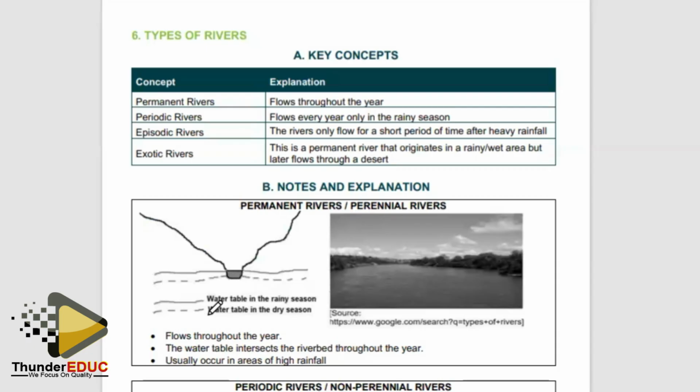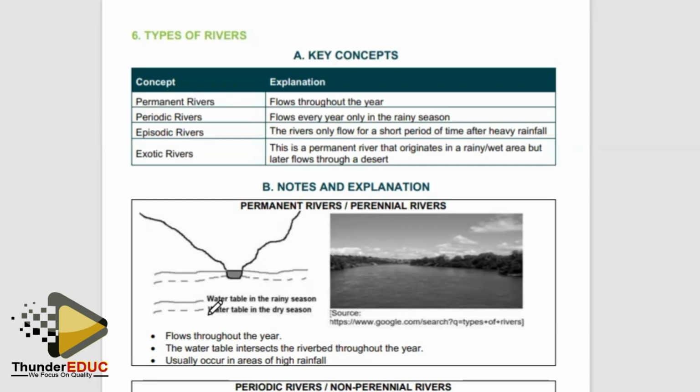You can give typical South African examples, like the Vaal, the Orange River, the Tugela. Those rivers flow throughout. They do not have a time when they dry up. They will have water throughout.